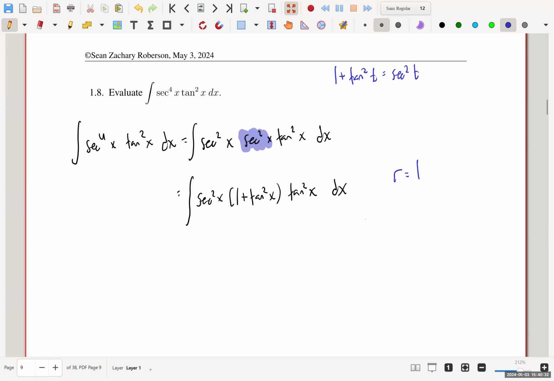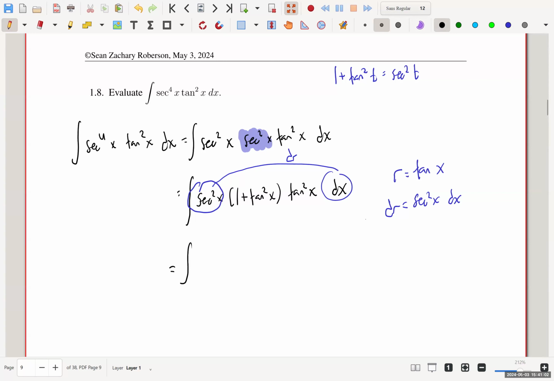R is equal to tangent x, so dr is secant square x dx. And now you see it here. I got tangent squares there, and secant squared x dx is like our du earmuffs there. Or in this case, our dr earmuffs here.